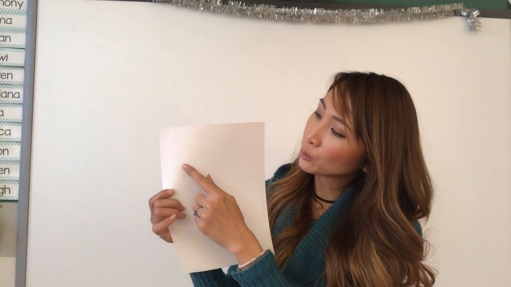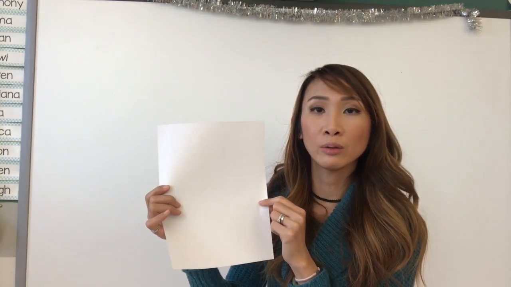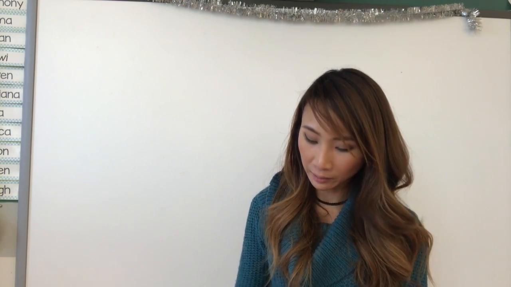You're going to write the letters that you want to do in pairs. So for example, we've been learning about the letter D and letter T and the letter R this past few weeks.